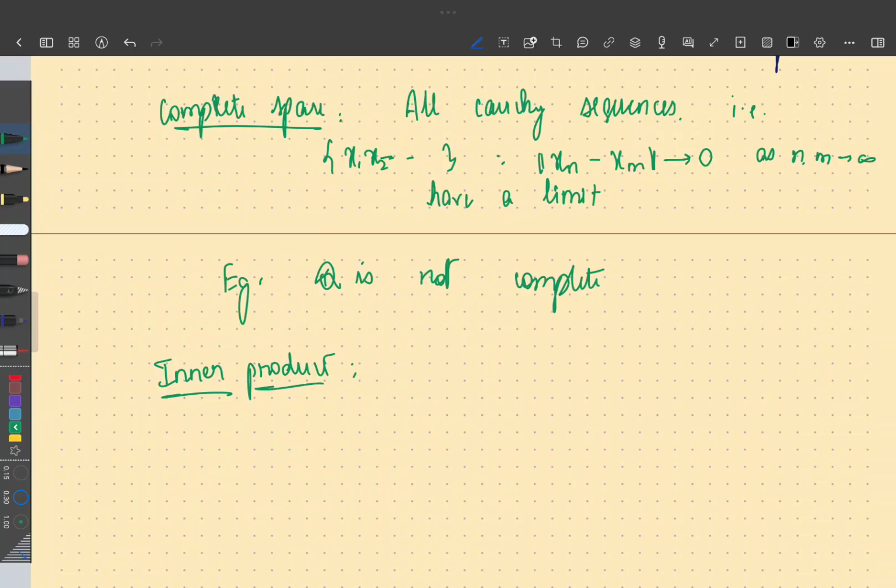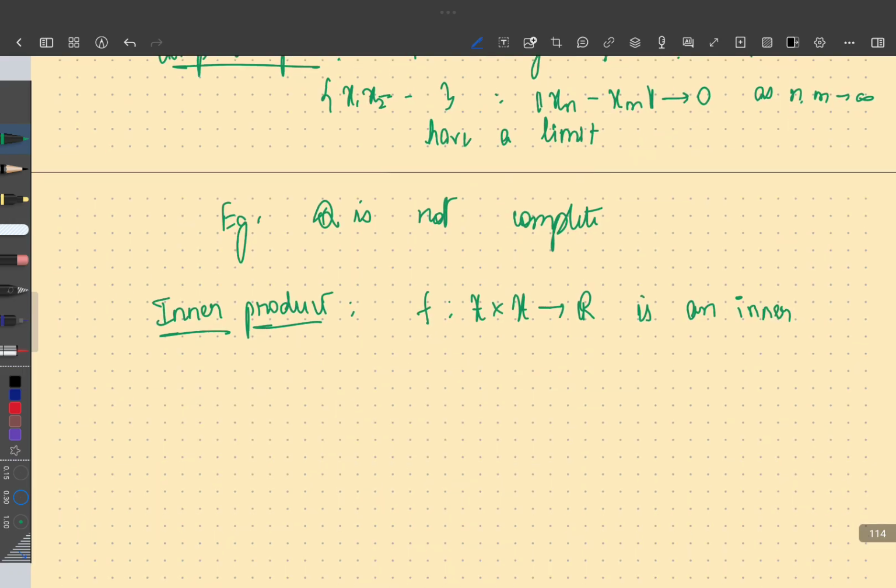And similarly, what is an inner product? An inner product is some map. Let me use simple notation. Let's say f from X cross X to R, if it satisfies the following three properties.